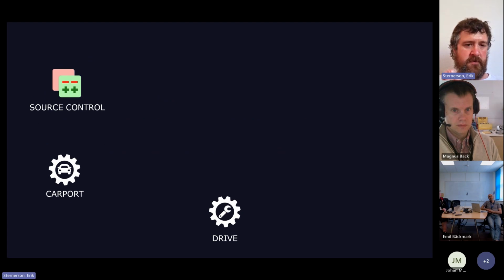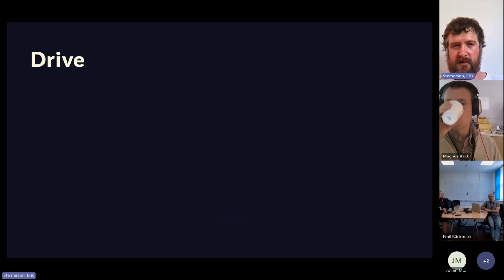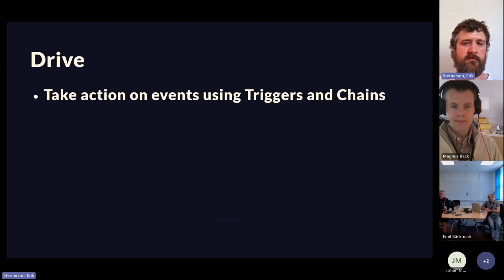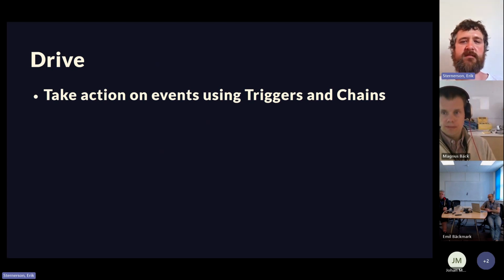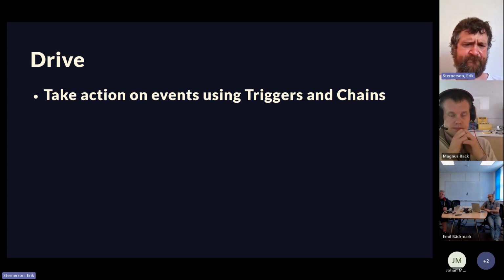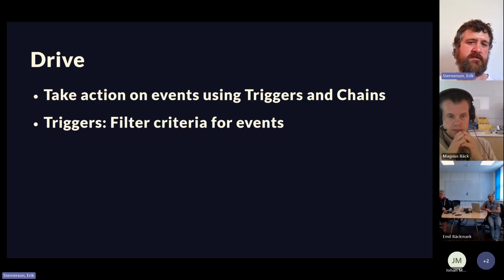So these two sources send events, and events are picked up by Drive. And Drive is our orchestration thing. So it takes action on events, and it does that using triggers and chains, which I will go into a little bit. A trigger is the first thing, and it's essentially filter criteria for events.